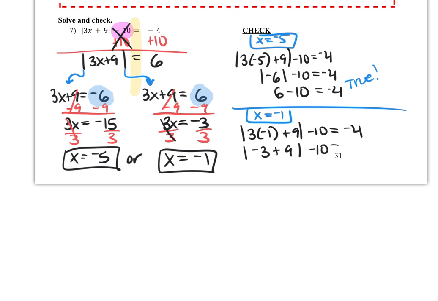Okay, what is -3 plus 9? 6. Okay. I don't think we're off. Good. Absolute value of 6 is 6. And 6 minus 10, is that still -4?